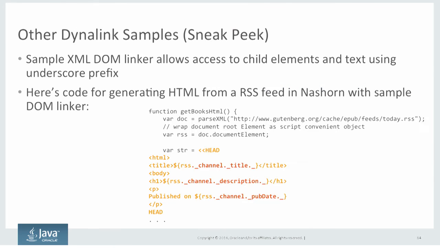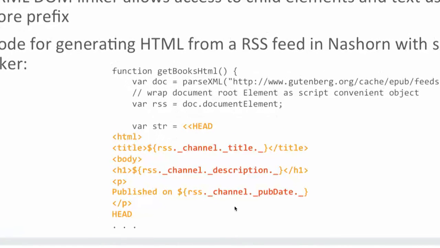So much for Jython. More examples. As mentioned, the samples directory is full of Dynalink examples. This one is about XML DOM linking. If you look at the code down here, you can see that, again, we are using a here doc to generate some HTML, and in that here doc we use expression expansion to insert some computation results.